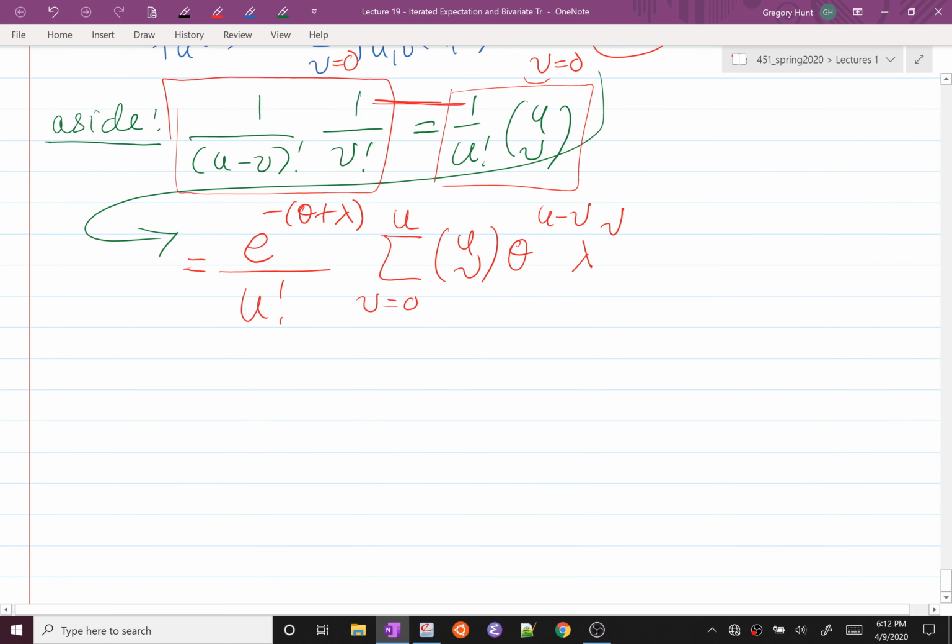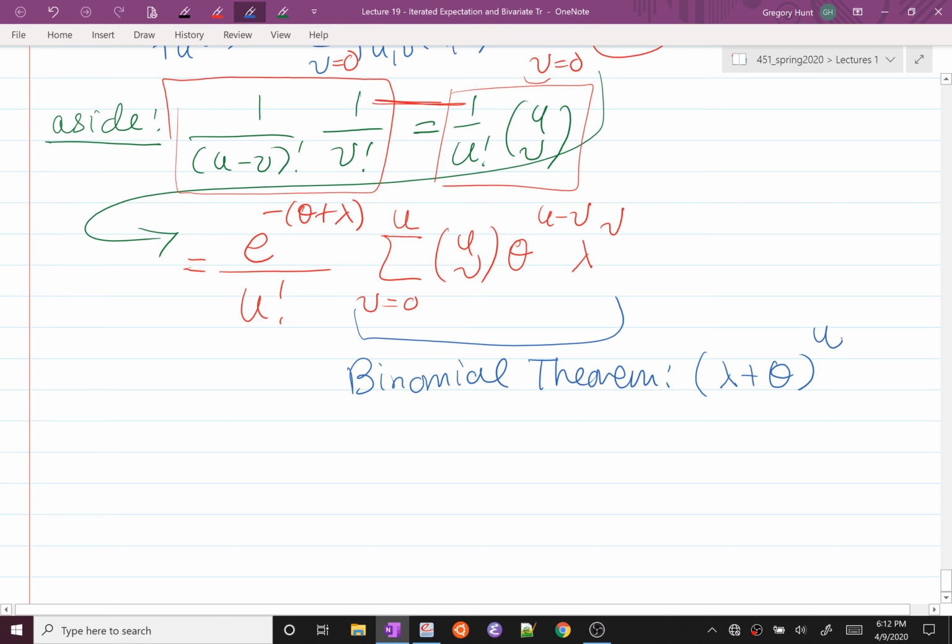So our friendly binomial theorem says that this thing is equal to (lambda plus theta) to the u. And so what I'm left over with, I can replace that with (lambda plus theta) to the u, is e to the negative (theta plus lambda) times (theta plus lambda) to the u over u factorial.